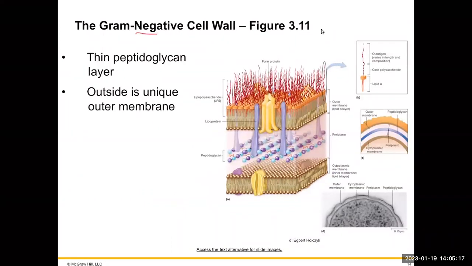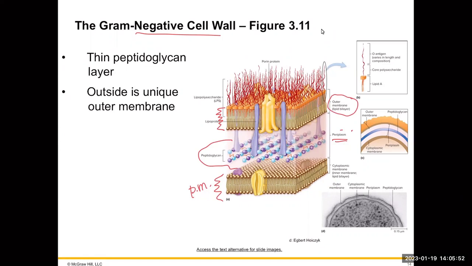Now, the gram-negative cell wall looks different. I'm going to start on the inside. Here's the plasma membrane, here is the peptidoglycan, and here's periplasm again. Gram-negative bacteria have another phospholipid bilayer, so another membrane.